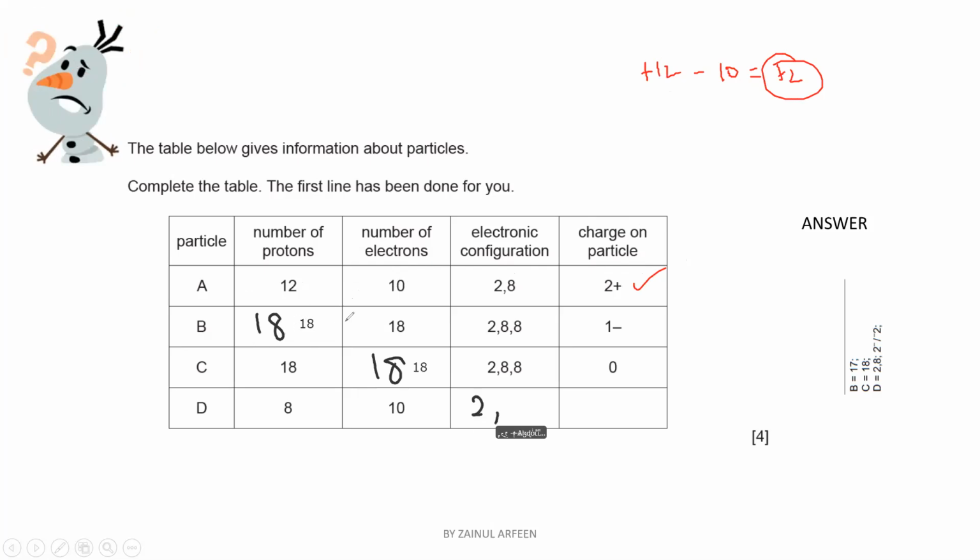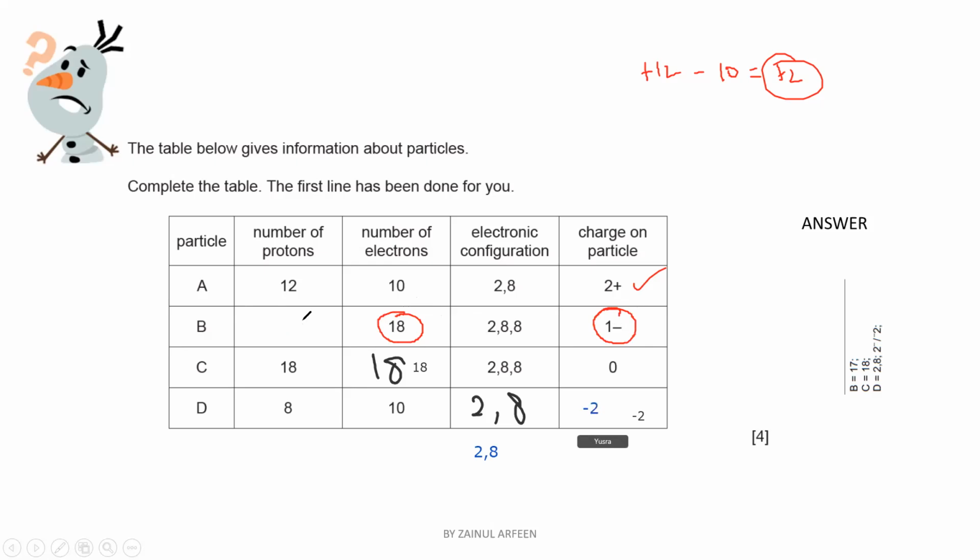What about the second one? There are 18 electrons, but you can see the charge is -1, or 1 minus. So it cannot have the same number of electrons and protons. If the charge was 0, then it should have the same number of electrons and protons.